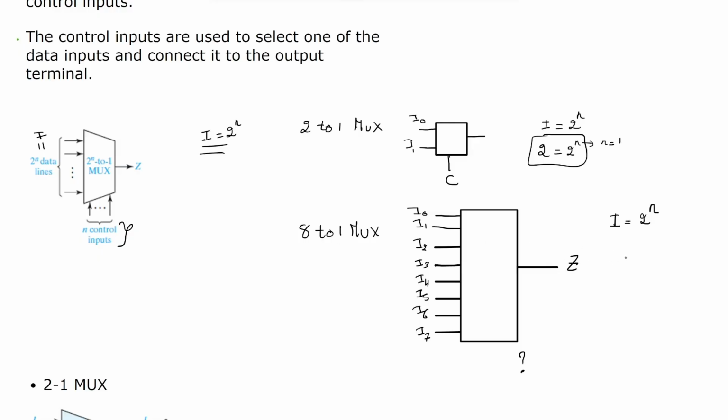In an 8 to 1 MUX, the number of inputs is 8, equal to 2 to the power n. So n must be equal to 3 to make 8 equal 2 to the power 3. So we need 3 control inputs. We can call them A, B, and C.